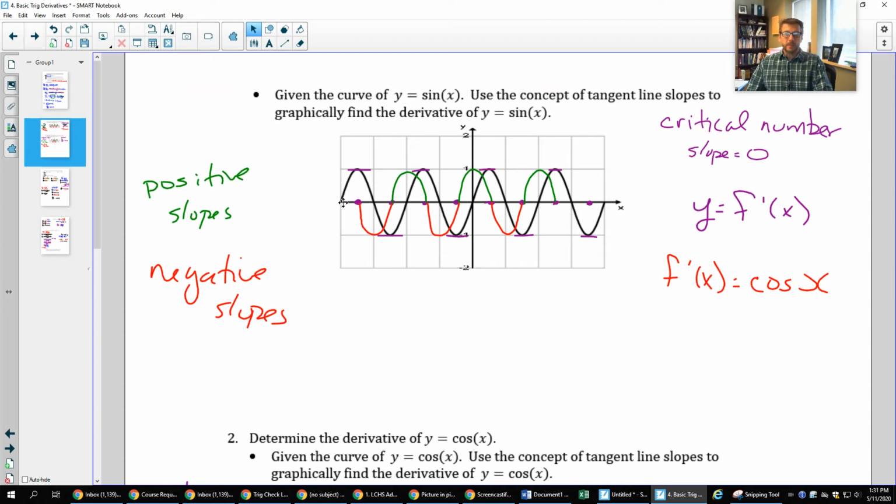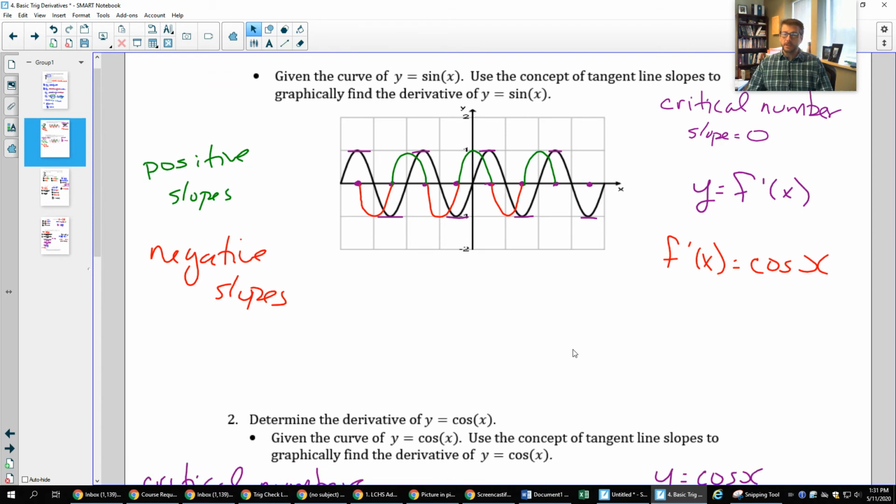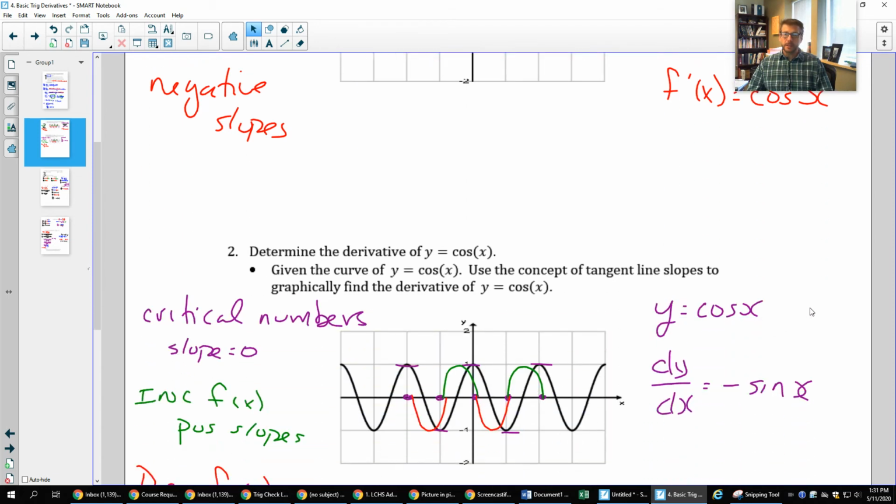What I get when I look at the slope function of the sine is this red and green graph, and that graph is actually the cosine graph. So we can see graphically that the slope of the sine function is given by the cosine function. That's a graphic interpretation of the identity, other than using limits.